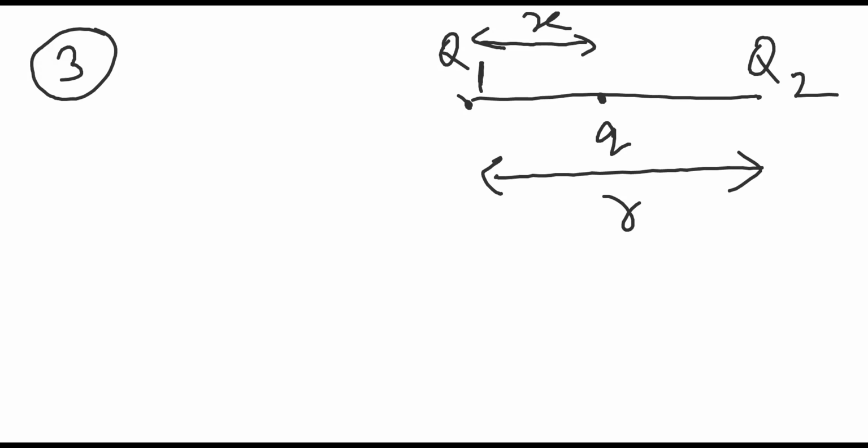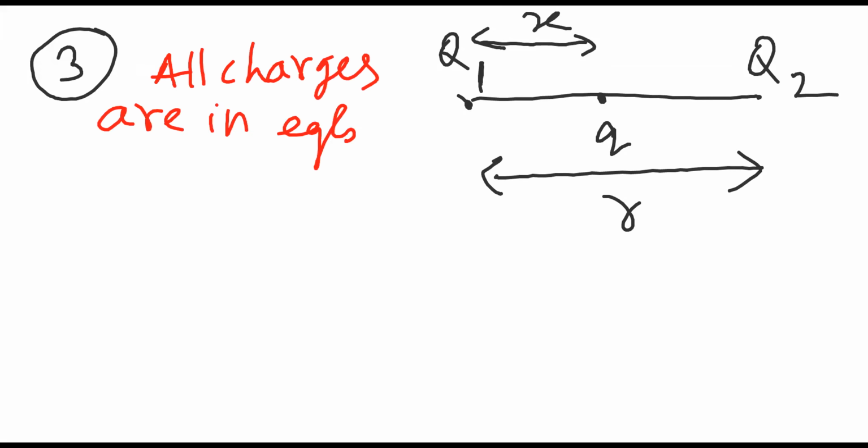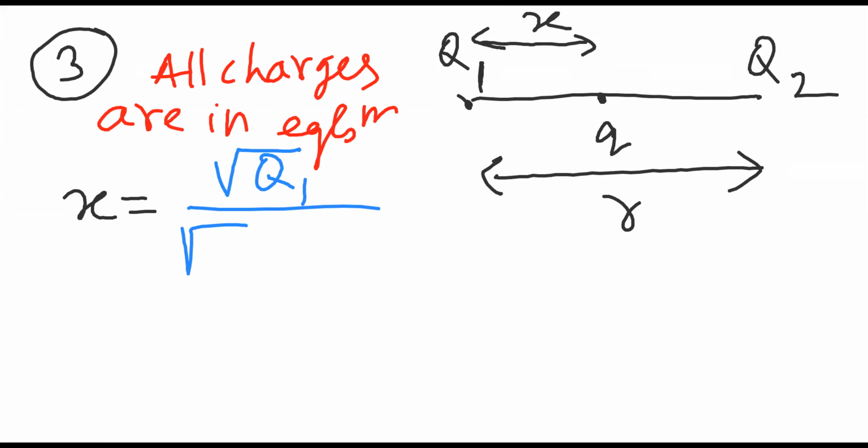Here, all charges are in equilibrium. Then what is the formula? The formula is like this: x equal to root under Q1 divided by root under Q1 plus root under Q2, into r.